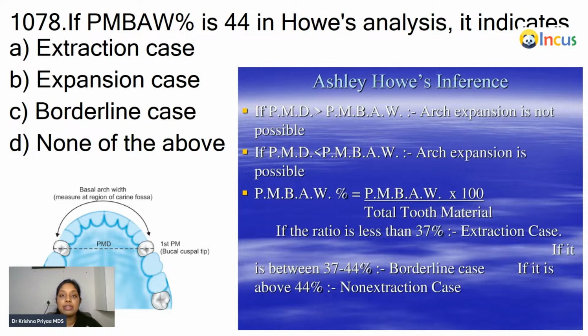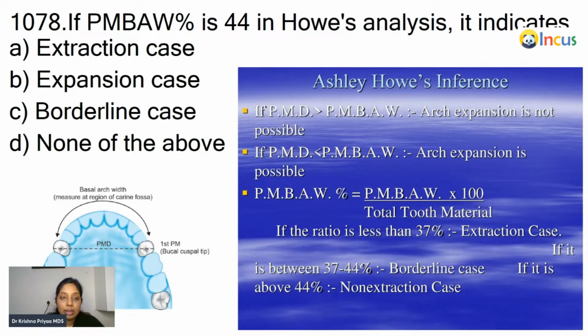Secondly, they have some values when they do a ratio of PMBAW with PMD or with total tooth material, which gives us a concept of whether an extraction is required, or we can go with non-extraction, or it falls in the borderline. So this analysis is very helpful in identifying the basal bone transverse relationship and whether the patient needs an extraction or can proceed with a non-extraction case.